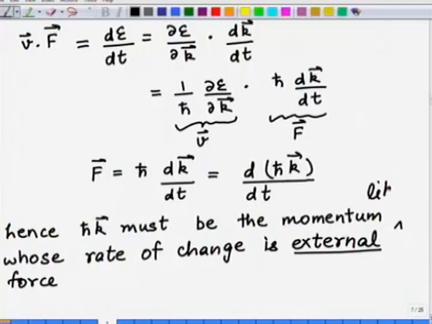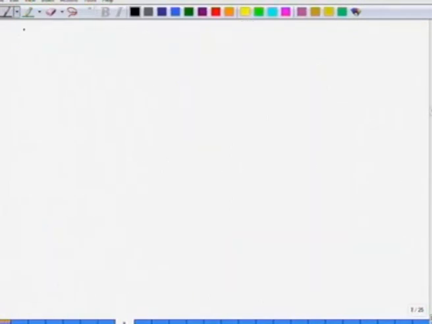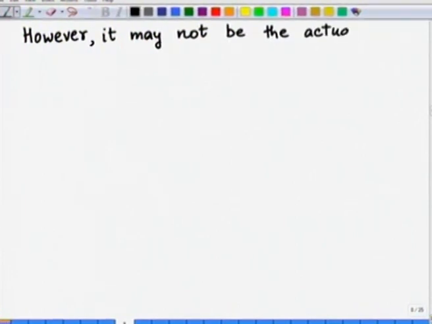I should say momentum-like, whose rate of change is the external force on an electron. So, it should behave like a momentum of the electron. However, it may not be the actual momentum of the electron.